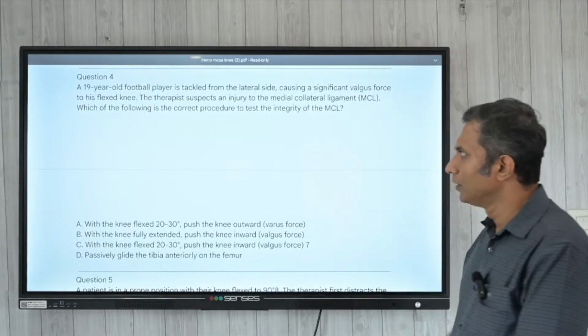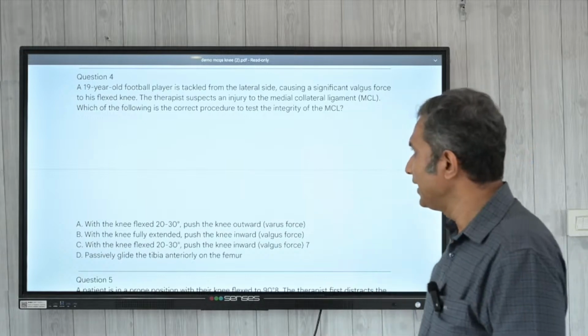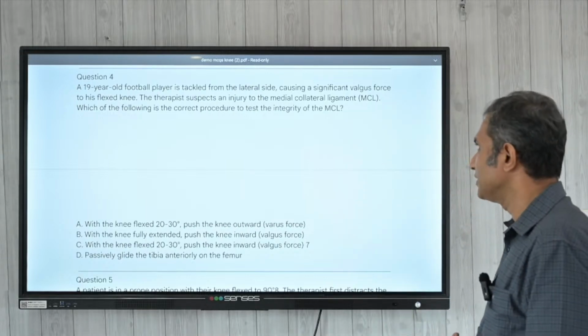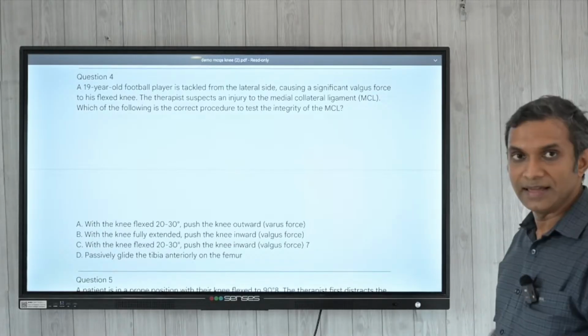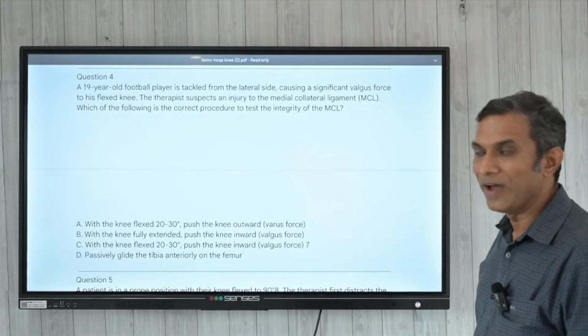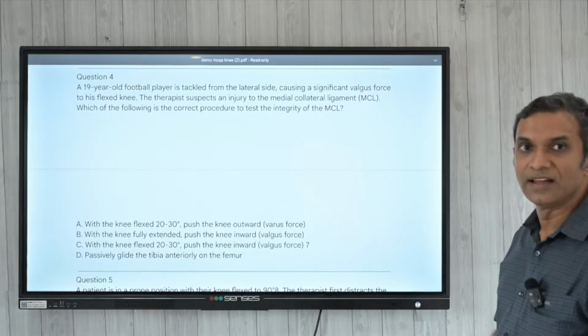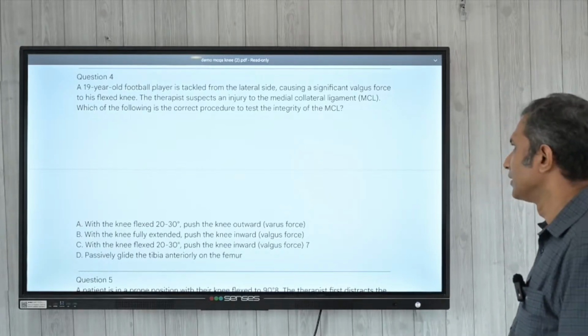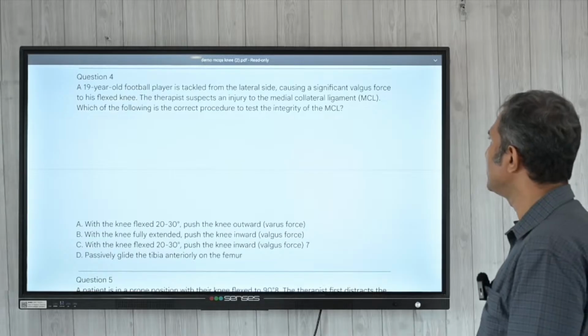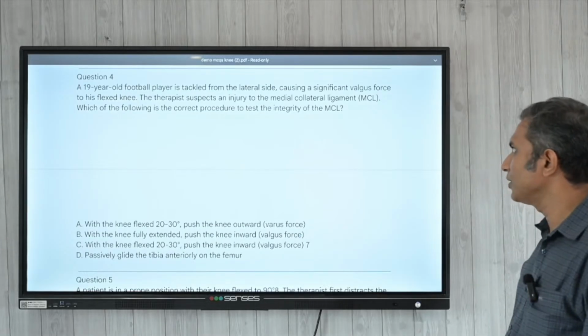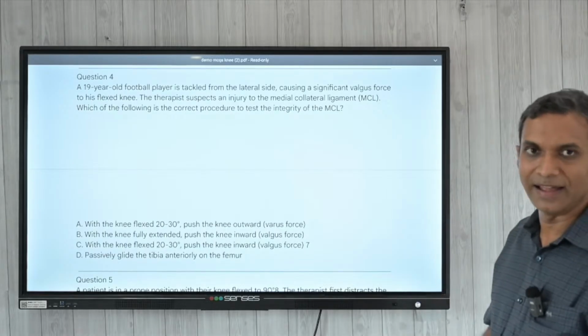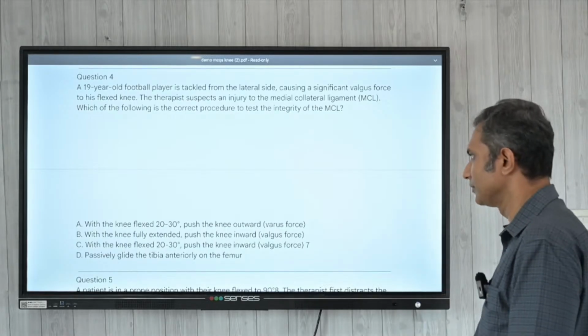Question 4. A 19-year-old football player is tackled from the lateral side, causing a significant valgus force to his flexed knee. The therapist suspects an injury to the medial collateral ligament. Which of the following is the correct procedure to test the integrity of the medial collateral ligament?